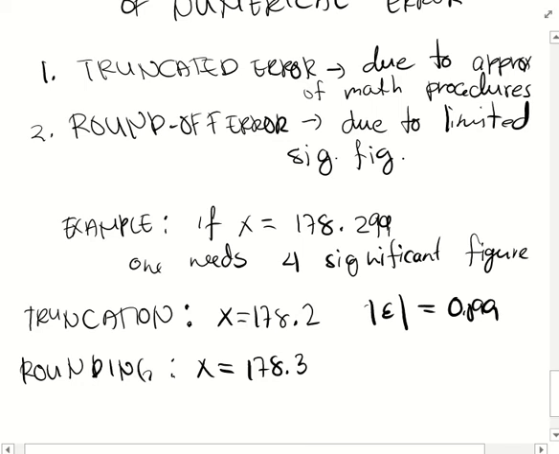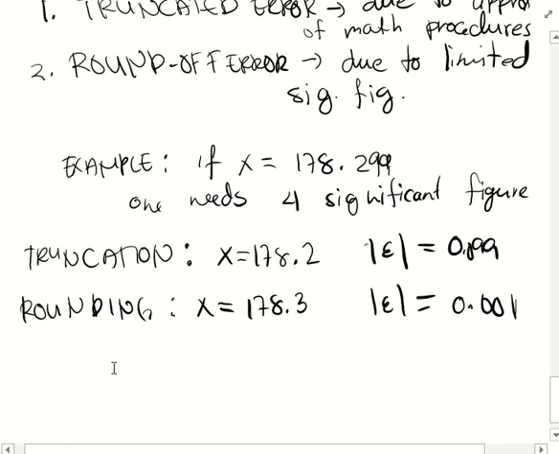If you remember the rules of rounding, if the number to the right is greater than or equal to 5, then you add 1, or if not, then just maintain it. That's rounding off. And the absolute error for rounding is just 0.001. You subtract the true value and the rounded value. So that's the difference between truncation and rounding.